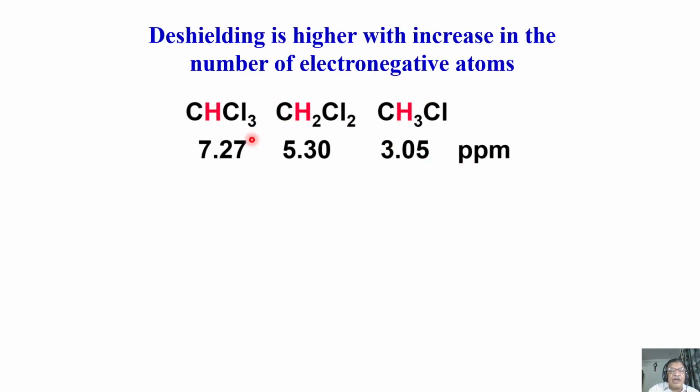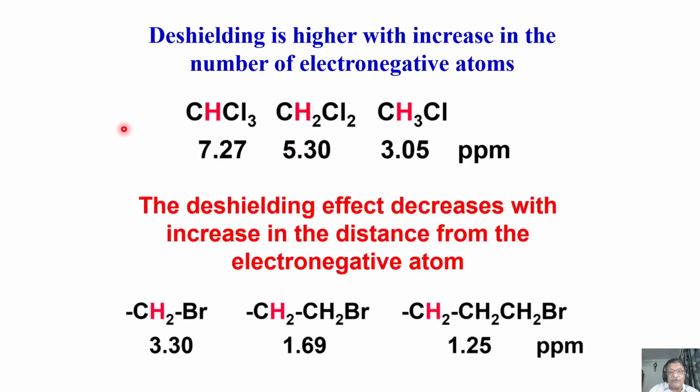The number of electronegative atoms substituted also matters a lot. With 3 atoms, it shifted downfield; with 2, slightly to high field; with only 1 chlorine atom, shifted further high field. So the effect of the number of electronegative substituents is very clear. Please remember, if you have more electronegative substitutions, there is a greater chance of moving downfield.